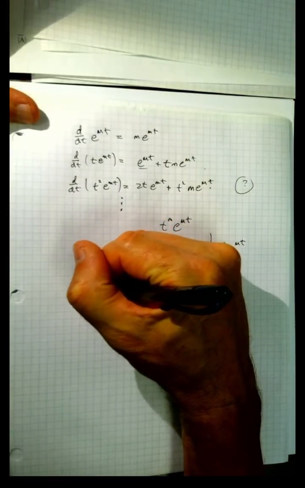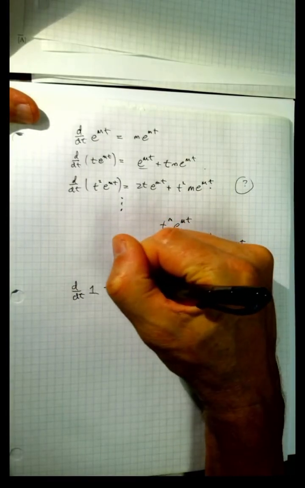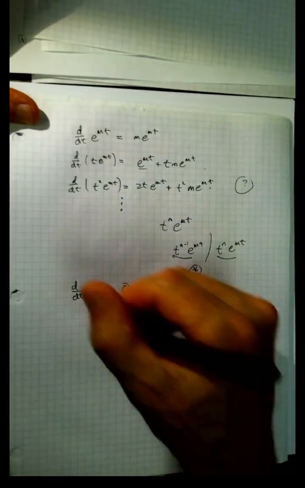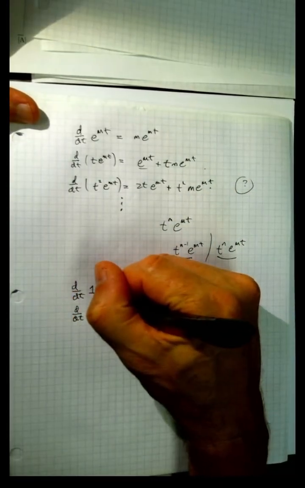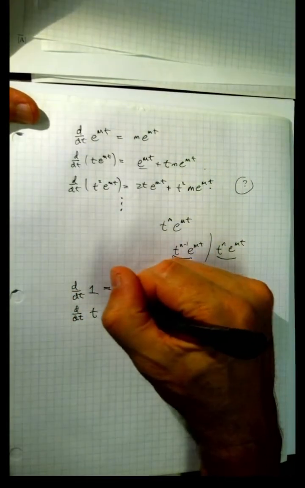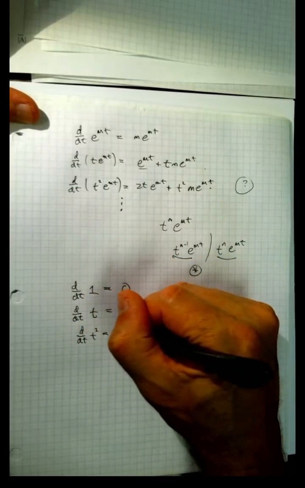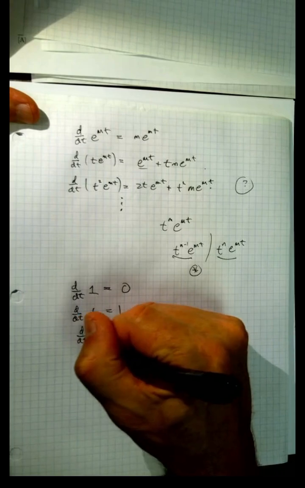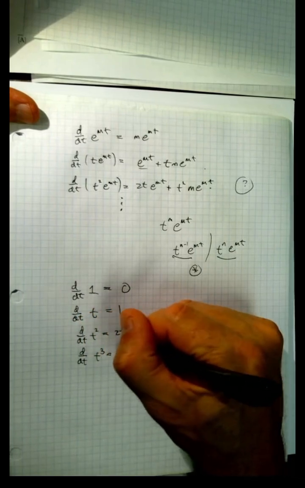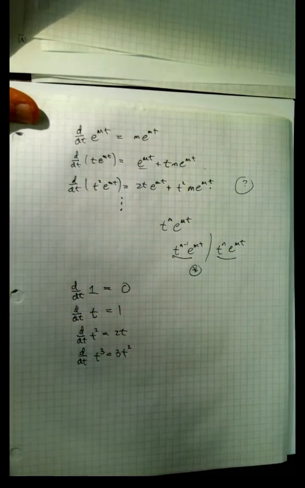And just as a matter of completeness, the derivative of a constant is 0. The derivative of t is 1. The derivative of t squared is 2t. The derivative of t cubed is 3t squared.